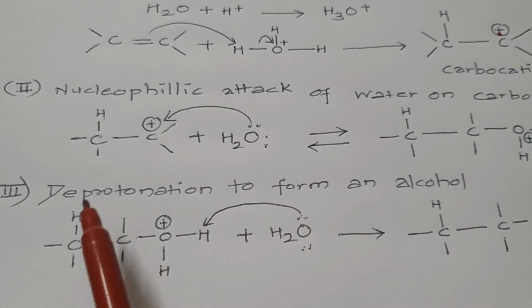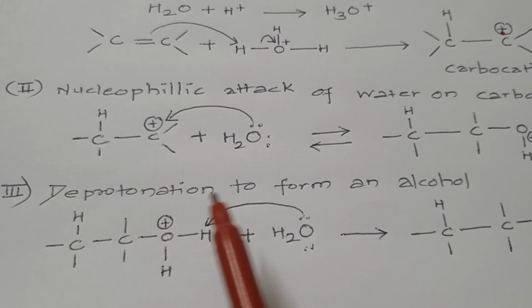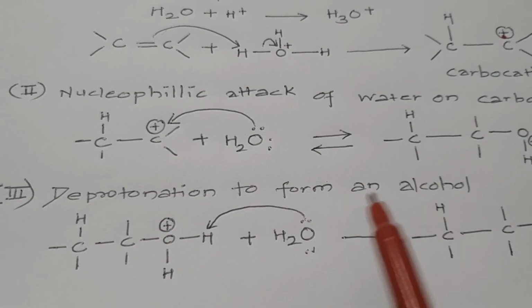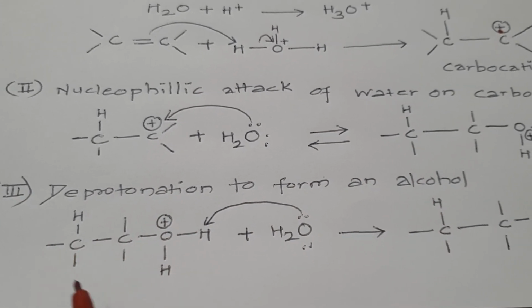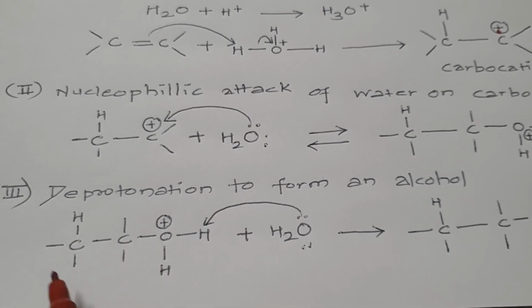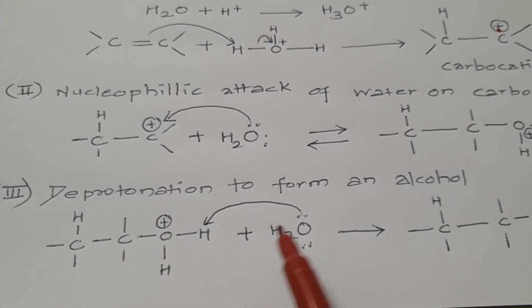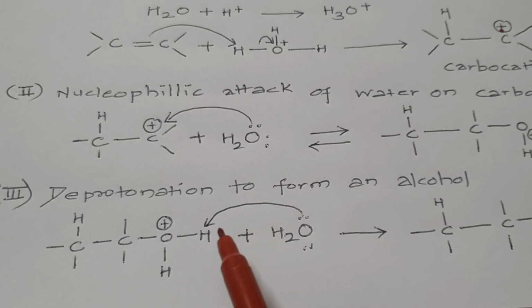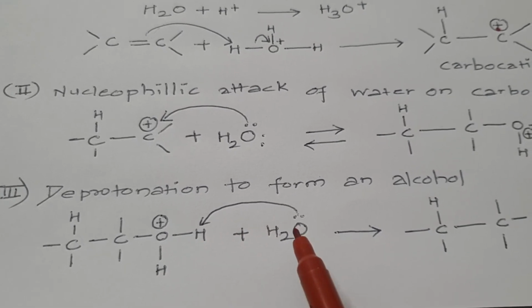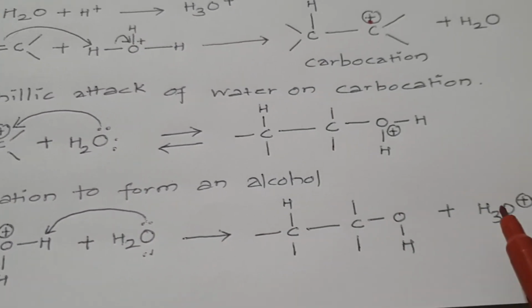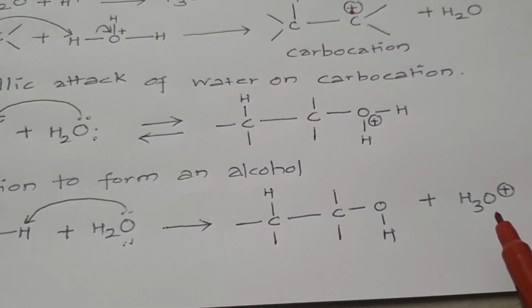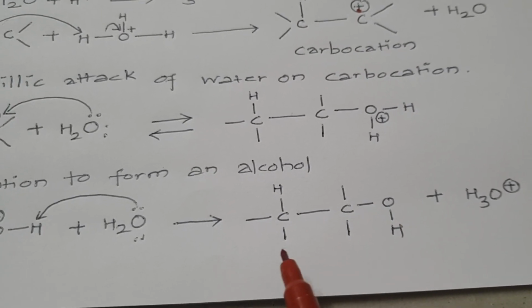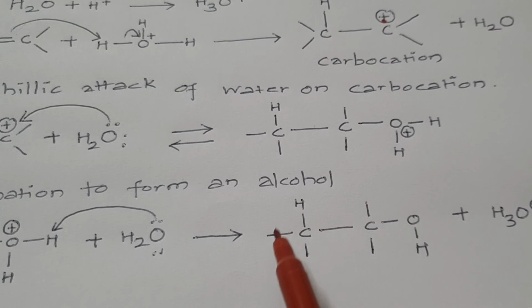So, removal of a proton gives you an alcohol over here. So, this is the protonated alcohol. Water abstracts the hydrogen from here, thus forming a hydronium ion and giving the product, that is alcohol.